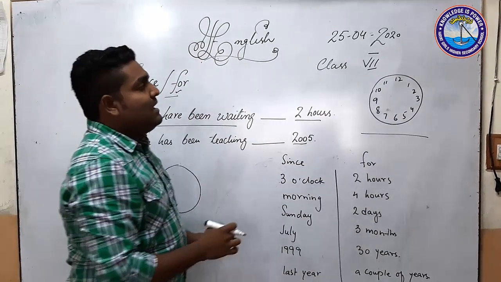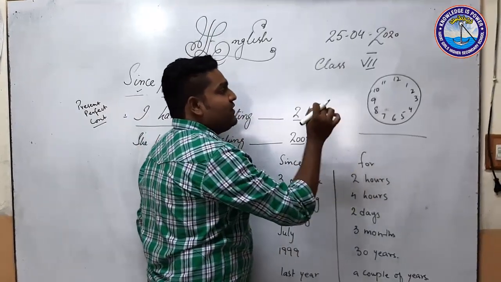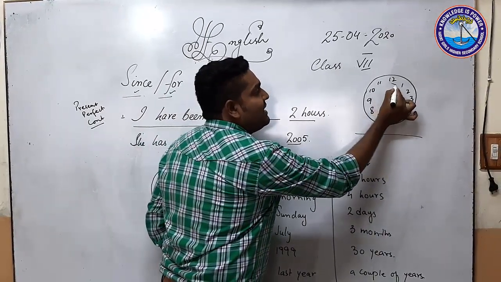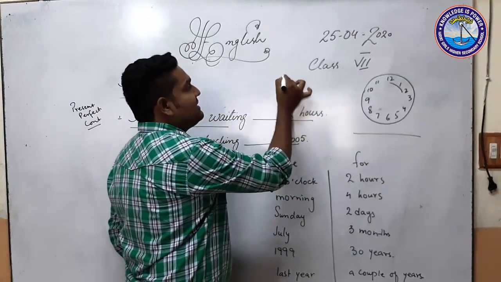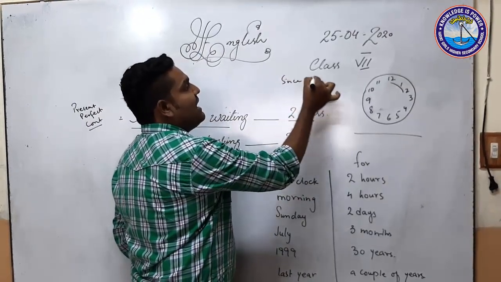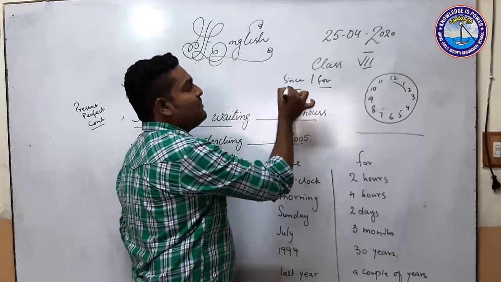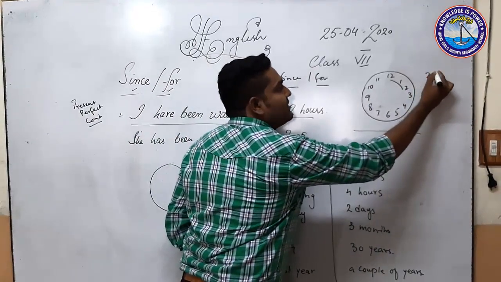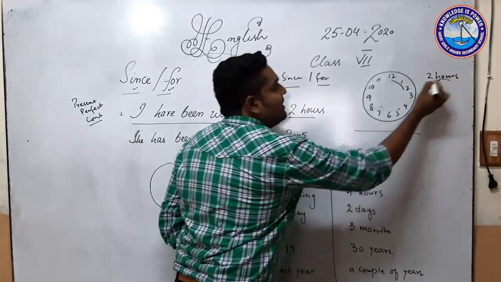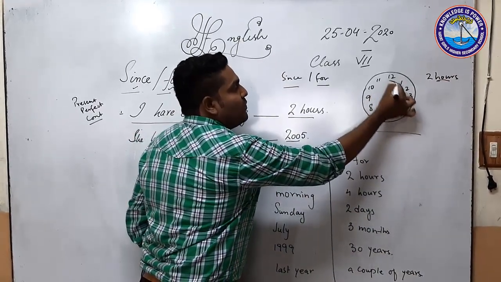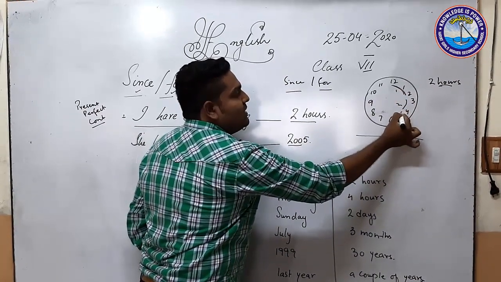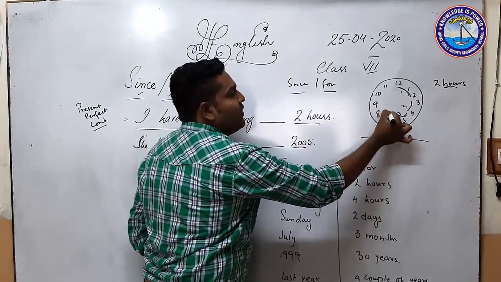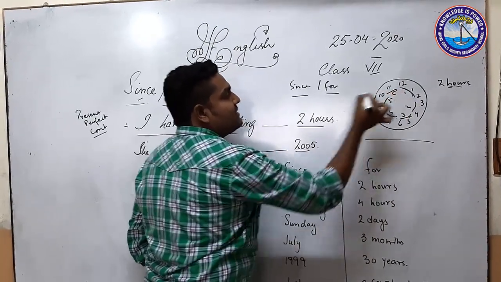So I'm going to give you a very tricky thing over here, a trick for the use of since and for. For example, if I say 2 hours, you can see 1, 2, 3, 4, 5 and 6.